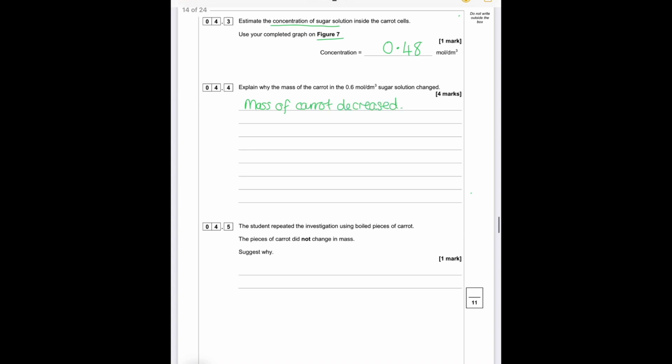Now, the mass of the carrot has decreased due to loss of water by osmosis, and this happens across the partially permeable membrane because the concentration of the sugar solution on the outside is greater than the concentration of sugar inside the carrot. So therefore, the water moves from inside the carrot to outside the carrot, creating a mass decrease of our carrot.